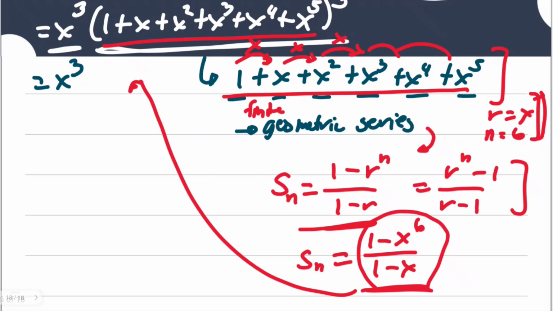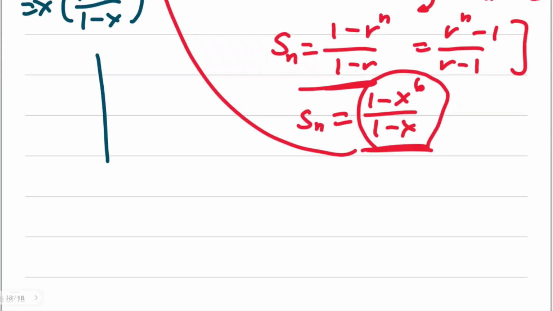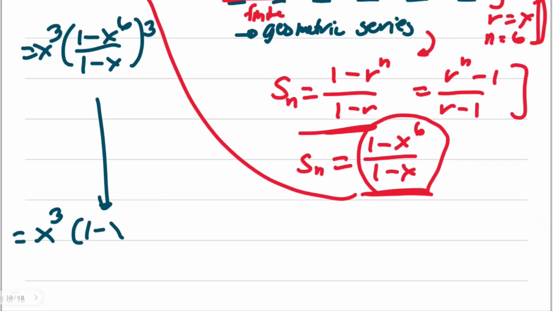So moving forward, you'll have this form here, x cubed times 1 minus x to the power of 6 over 1 minus x. But take note, this sum is actually raised to 3, so we still have raised to 3 here. So, going down, you have x cubed, and you will have here 1 minus x to the power of 6 cubed, and then you have here over 1 minus x cubed.